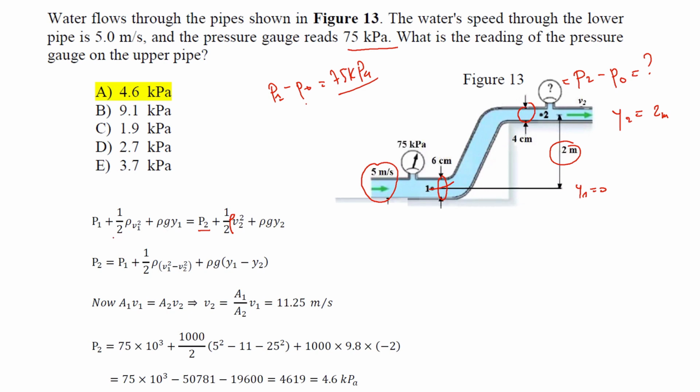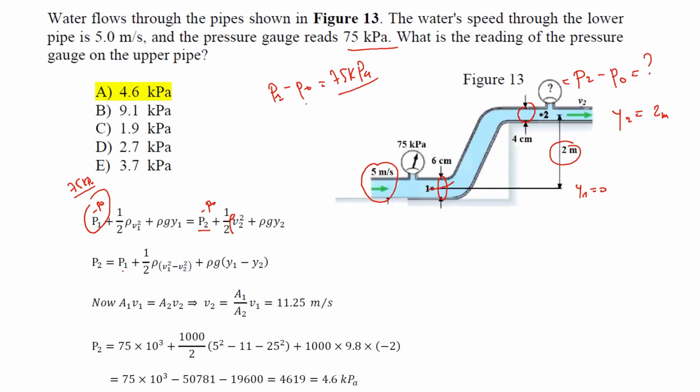Again, here the pressures are known. P1 minus P0 is known. Now the question is, what is P2 minus P0? If I subtract P0, it's the same. Technically I should put a minus P0 here because this is what I gave you. I gave you P1 minus P0 and this is 75 kilopascal.